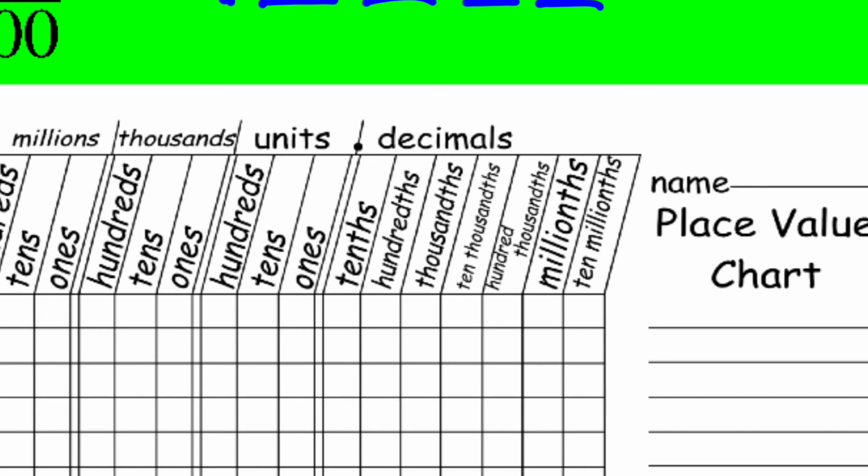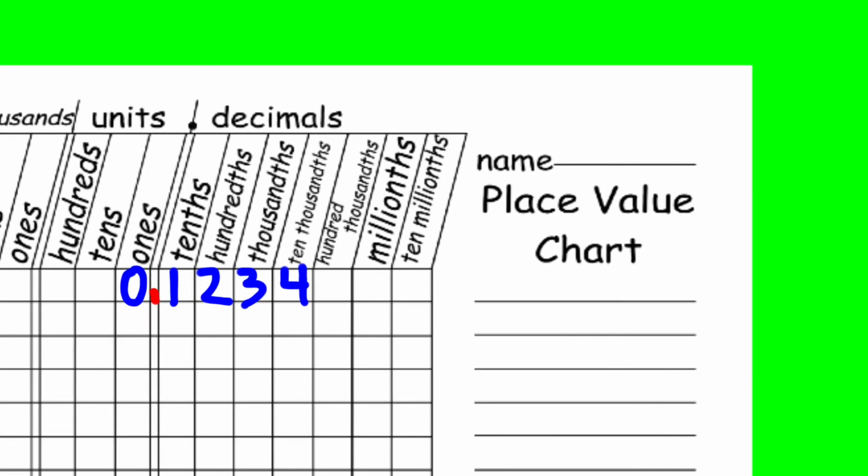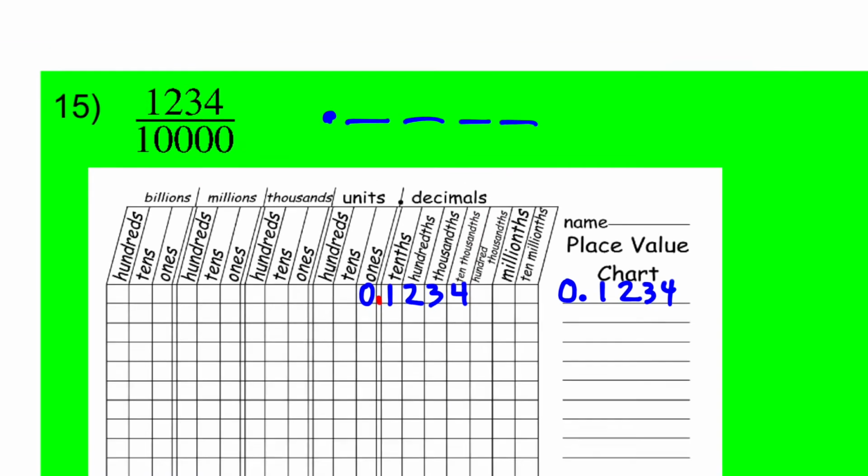So we'll have 1 in the tenths, 2 in the hundredths, 3 in the thousandths, 4 in the 10,000ths. Decimal, and of course, 0 placeholder. So we would say this number as 0 and 1,234 10,000ths. Always say the place value of the last digit when we're talking about decimals.